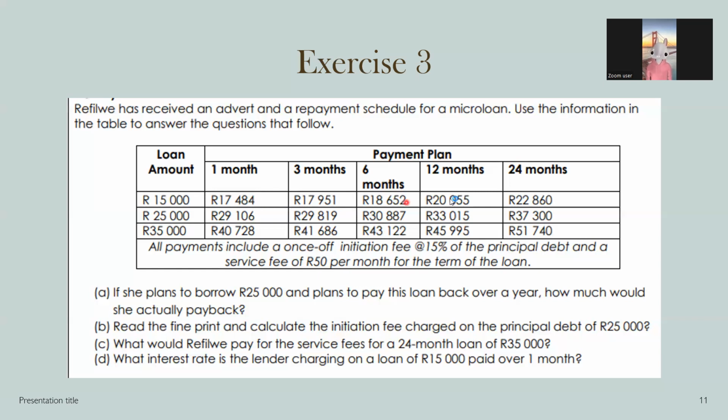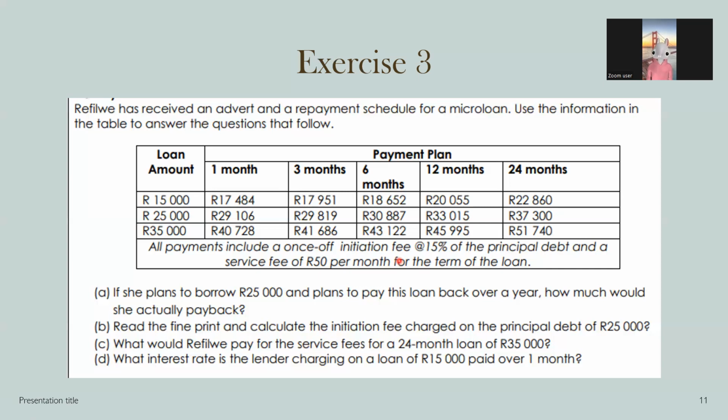What do you notice about these amounts as the months increase? As the months increase, the amounts also increase. Exactly. That's a similar scenario for the 25,000 rand plans and the 35,000 rand plans for the different months. Now we understand what's going on.